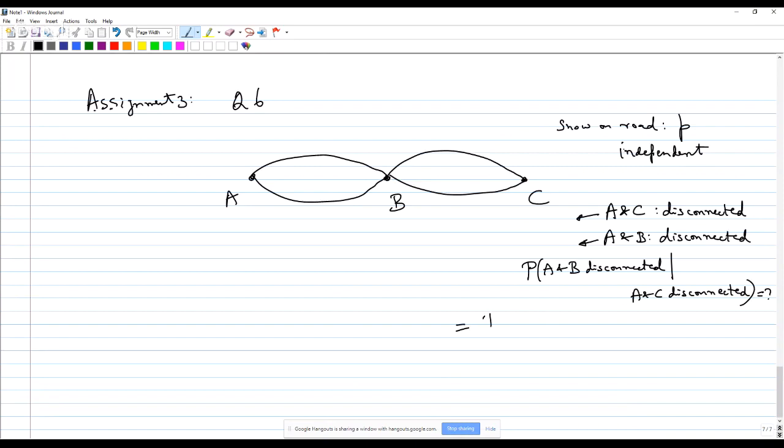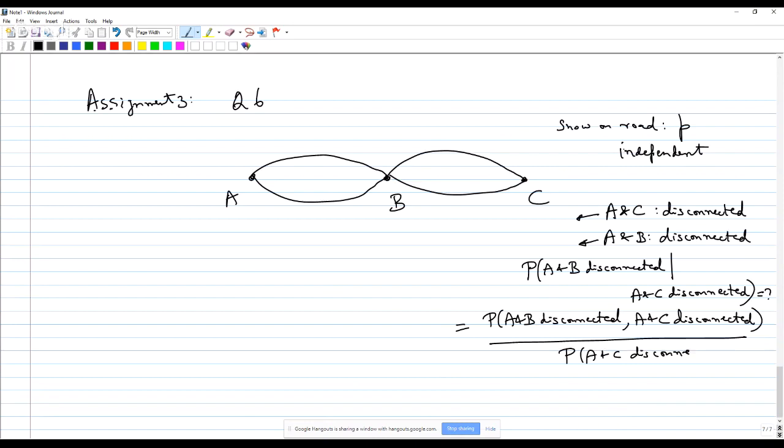This is clearly probability of A and B disconnected, comma, A and C disconnected, divided by probability of A and C disconnected. Both A and B are disconnected and A and C are disconnected, divided by the probability that A and C are disconnected. Okay, so this is what you need to find.